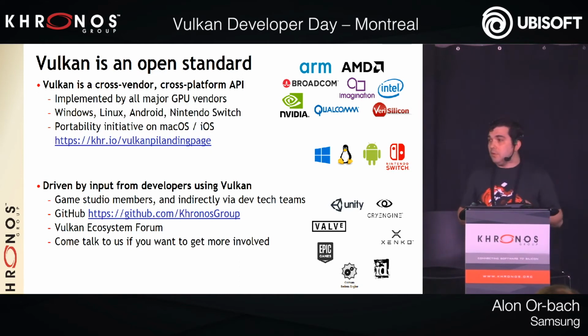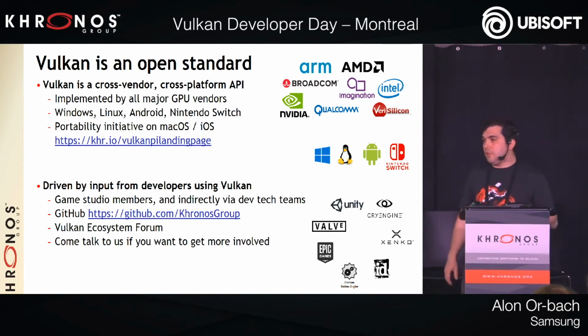And then one of the recent developments is the portability initiative that was announced back in February, which is a set of tools that have been open sourced, mainly led by Valve doing the work to enable Vulkan on macOS and iOS. So it's not a conformant product, but it does give you the ability to target the vast majority of Vulkan features on Apple platforms. And that's the link to find out more about that.